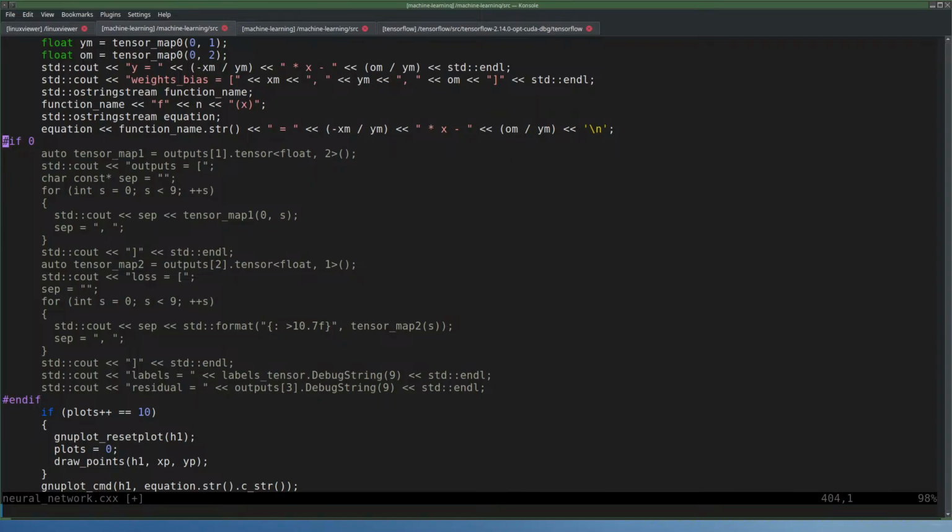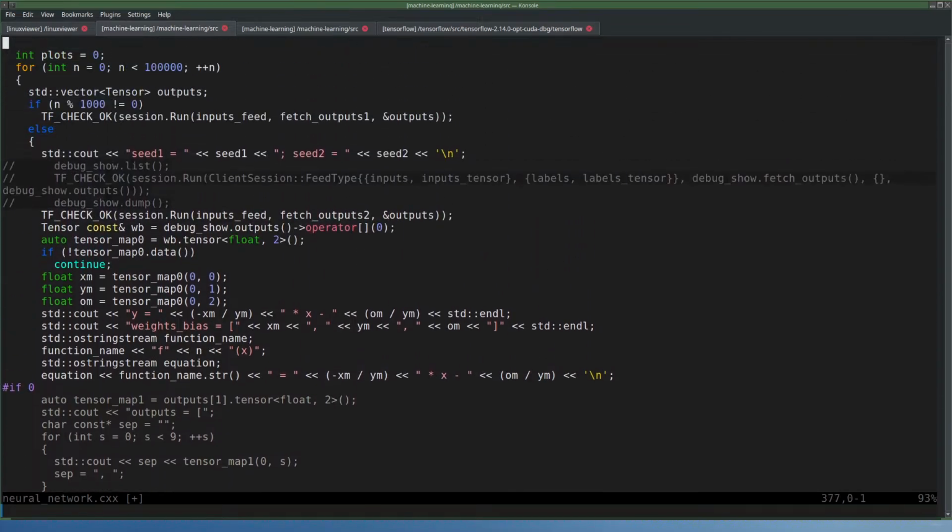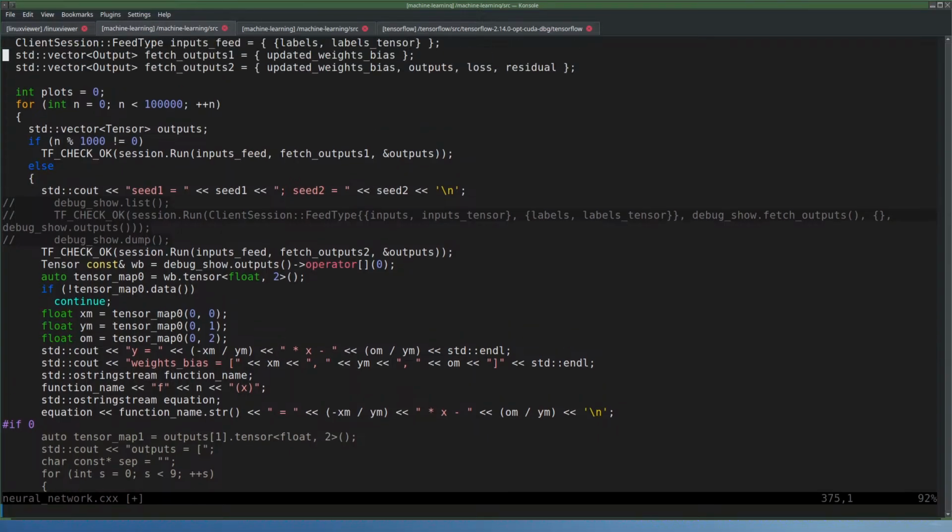The next one here, outputs 1, is then outputs. So 1 is outputs, 2 is loss, and 3 is residue.